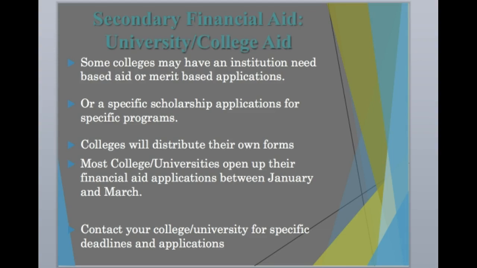This is another set of applications that you must complete, and this will determine whether you are eligible for any merit aid based upon grades and test scores, or community service or essays that may come from the college, or any need-based aid as well. So you'll just want to be prepared for those to open up sometime in January. But I would encourage you to contact the financial aid office at the college or university you're planning on attending to make sure that you have all of those deadlines and are ready to complete the application.